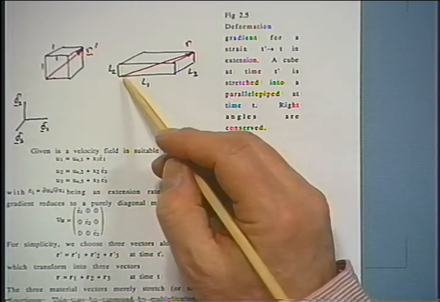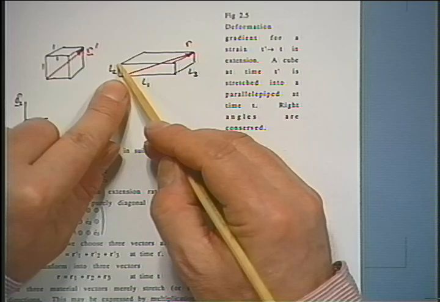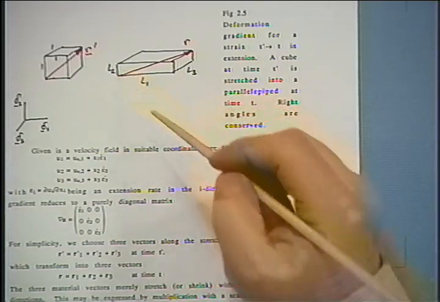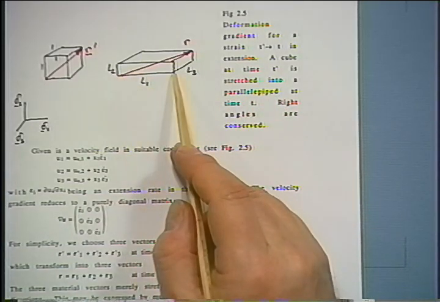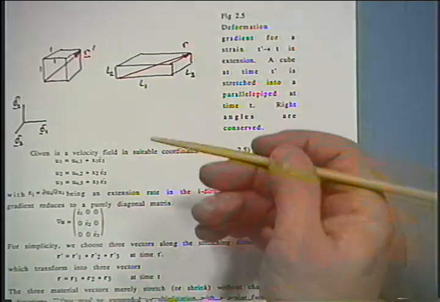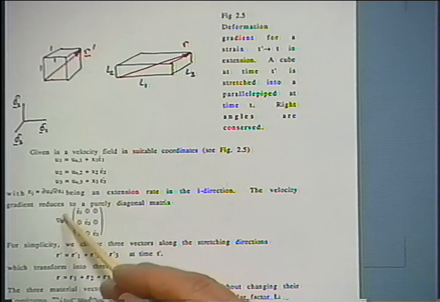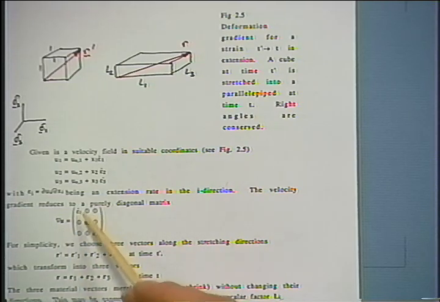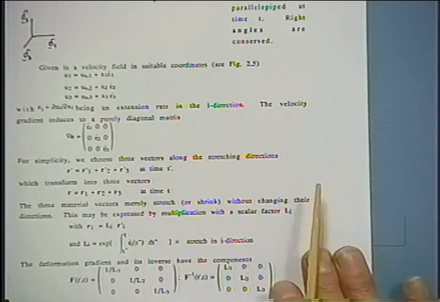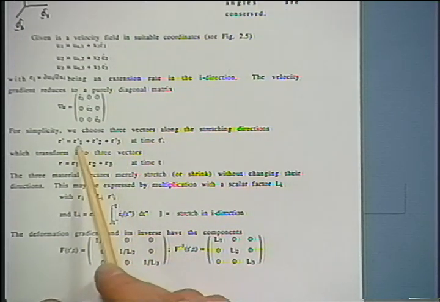If you say this corner is at rest, then the top would have a negative velocity, and the further you move away, the larger this top velocity is, and the front here is moving at some positive velocity away from this origin. That's described in the velocity gradient, which has 3 components: a stretching component in the 1 direction, 2 direction, and 3 direction. And our material vector now originally has the components R1, R2, R3.